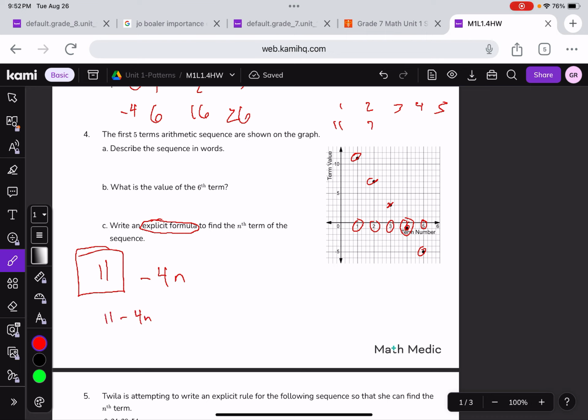Well, if we put in the first term, we put in 1 here, that's 11 minus 4 times 1. That'd be 11 minus 4, which is equal to 7. And our first term is not 7. It's actually 11. Our second term is actually 7.